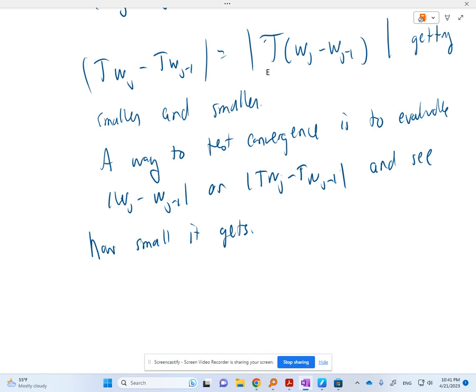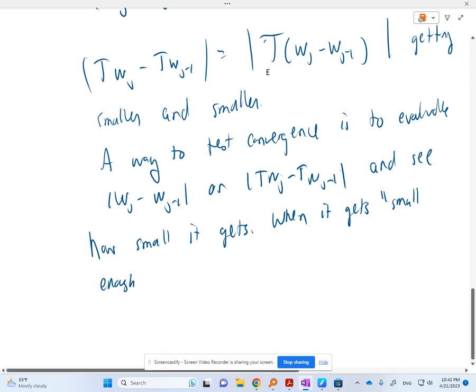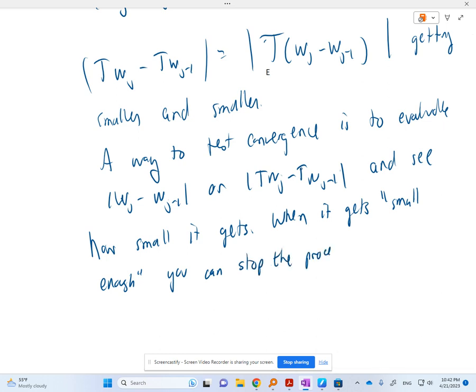And if it's sufficiently small, then you can stop the process. So I can say when it gets small enough, you can stop the process. Now, how small is small enough? That's what you choose.